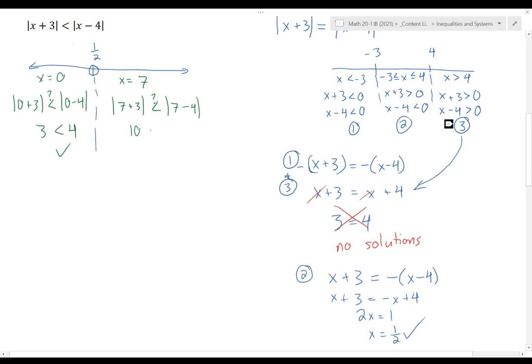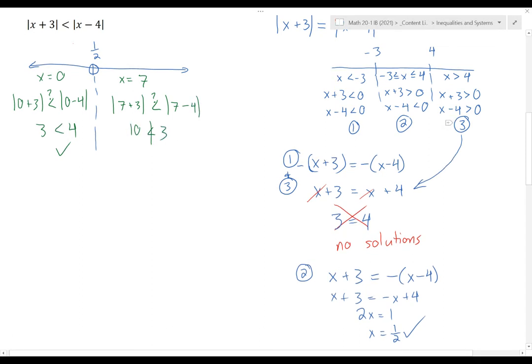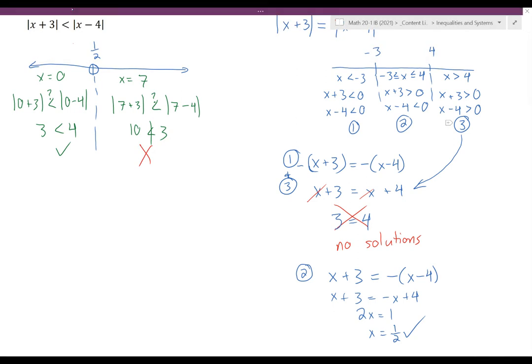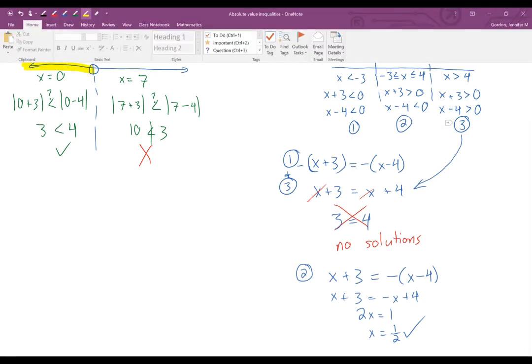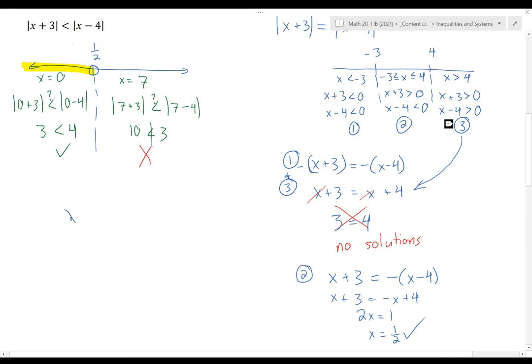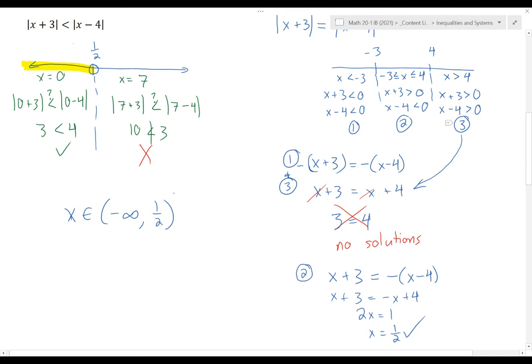Well, 10 is not less than 3. So this interval is not included, which means that the solutions to this inequality are the values of x that are less than 1 half. In interval notation, x belongs to the interval from negative infinity to 1 half.